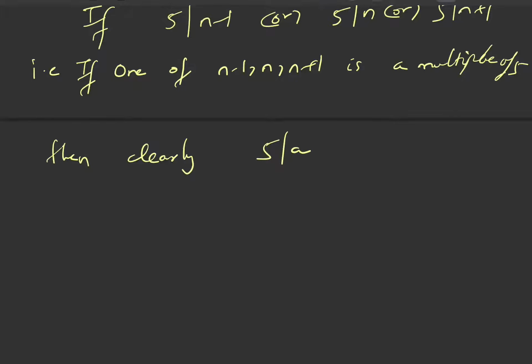So let us take that. When is n minus 1 a multiple of 5? When n is 5k plus 1. n is a multiple of 5 if n is 5k, and n plus 1 is a multiple of 5 if n is 5k minus 1, right? So I hope this is clear.